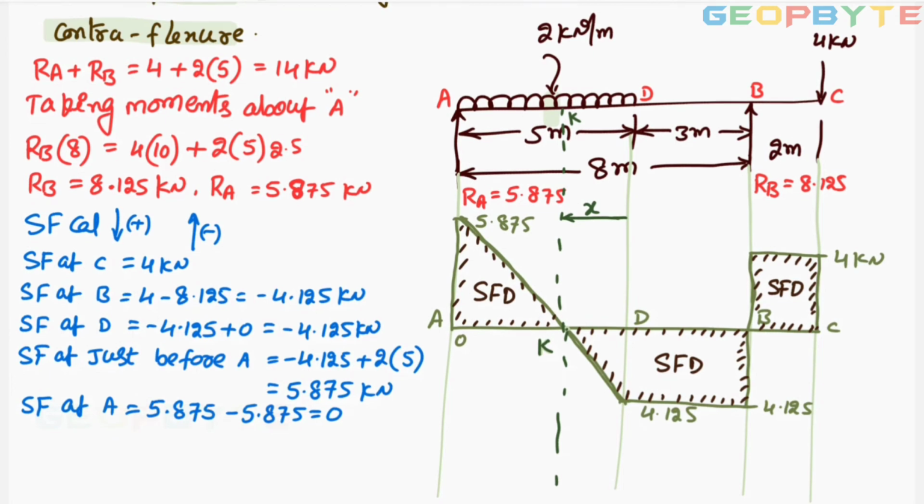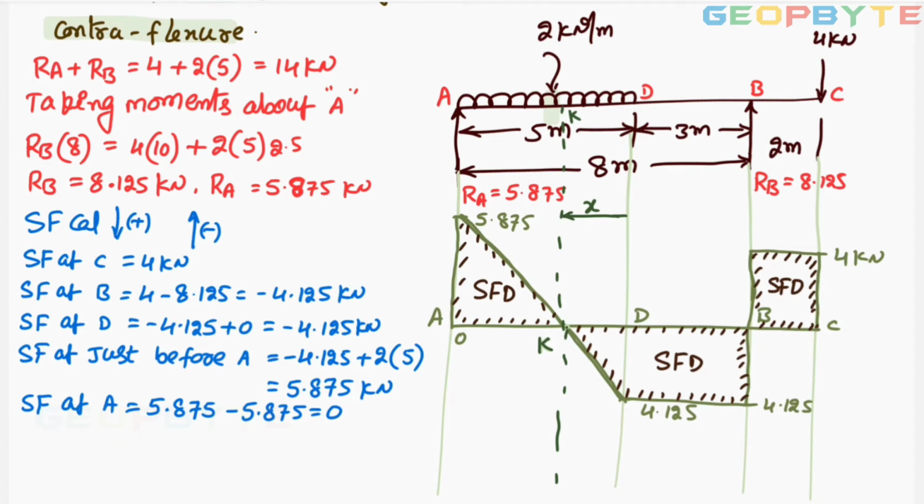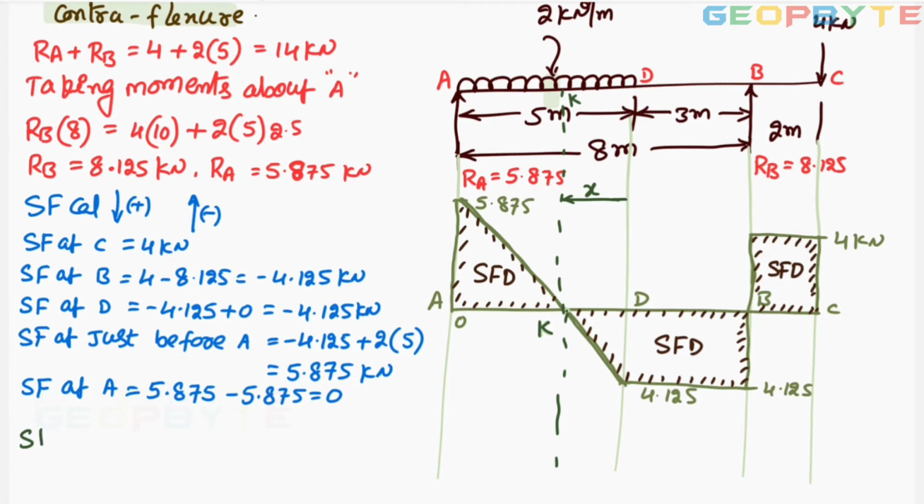So SF at K equal to 0. Let us find the SF value up to K: plus 4, that is the point load, minus 8.125, plus UDL, 2 into x.